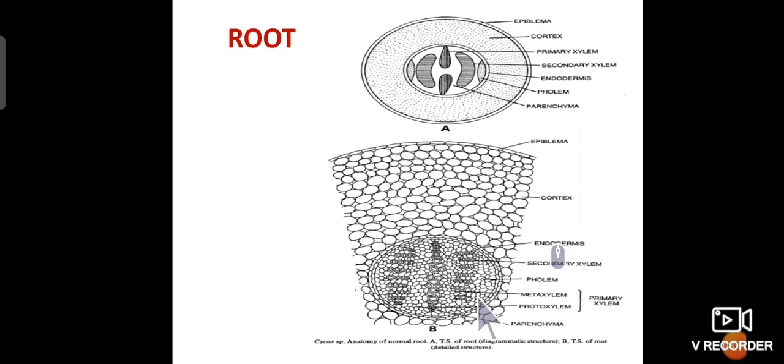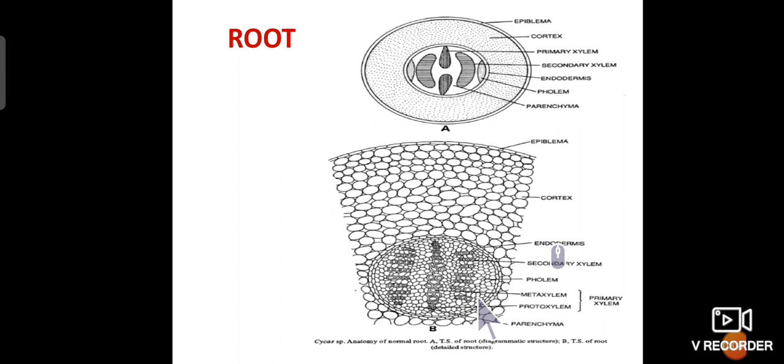We can see that they are arranged just like the rungs of a ladder, or they also have reticulate thickenings, where they are arranged in the form of a network of lignin deposition.